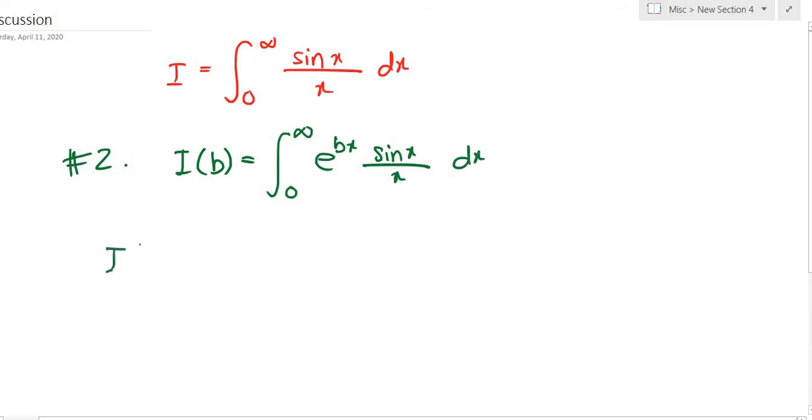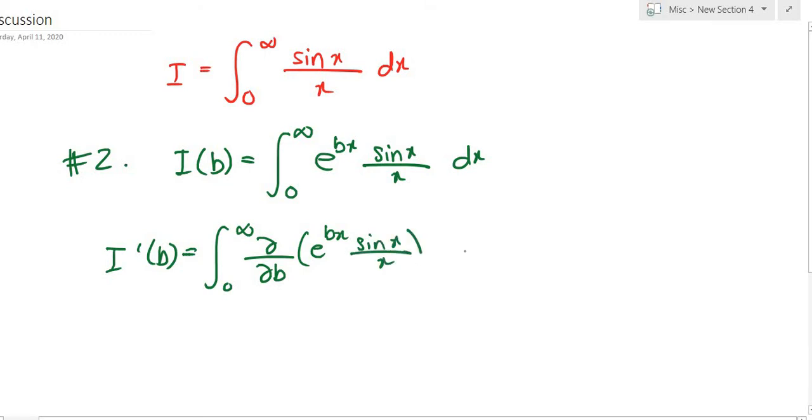Now if I were to differentiate with respect to b, I would have the integral from 0 to infinity of the partial derivative with respect to b of e raised to bx times sine x over x dx. But this is just going to be the integral from 0 to infinity of e raised to bx as it is times an x, because it's differentiating with respect to b, and then we have a sine of x over x term here and dx.